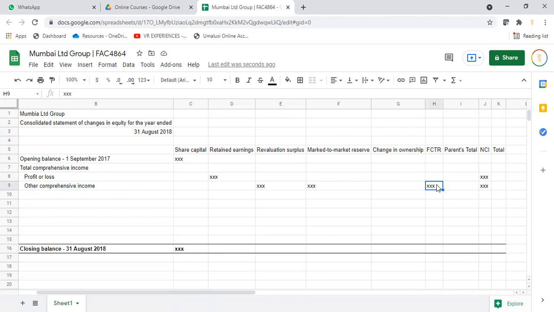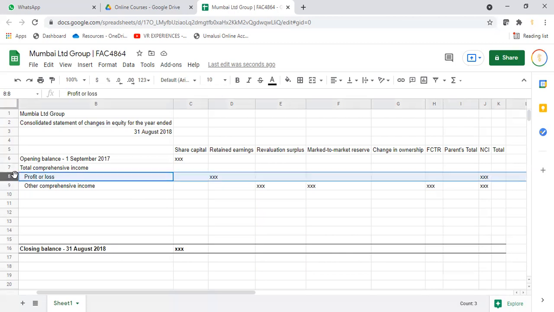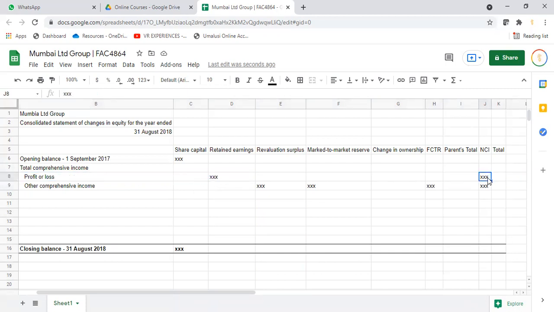Now, just another important aspect so you don't make the mistake: in the income statement, you are splitting profit or loss between parent and NCI, and you are splitting total comprehensive income between parent and NCI. For profit or loss, you can simply take the split for parent and for NCI.